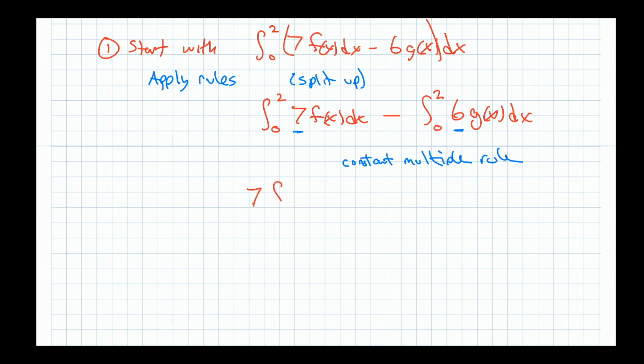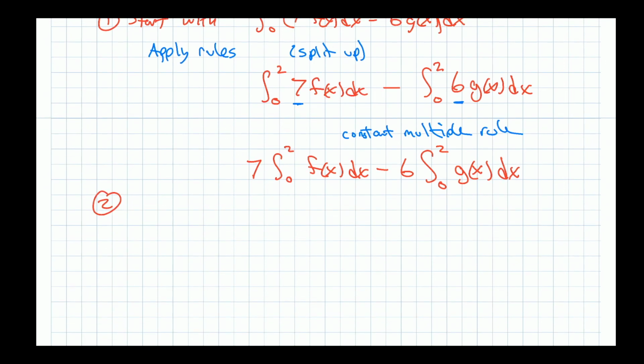So you have 7 times the integral from 0 to 2 of f of x dx minus 6 times the integral from 0 to 2 of g of x dx.